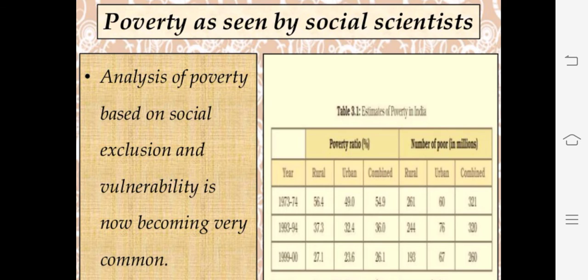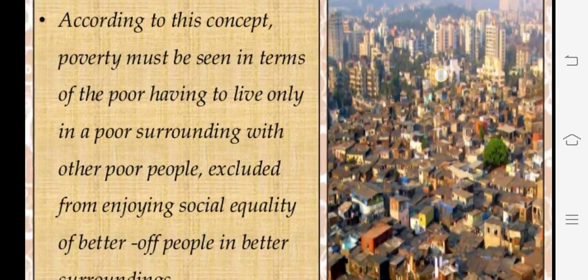In rural areas we had 261 in 1973. In 1993 there was 244, and in 1999 there was 193. Whereas in urban areas we had 60, 76, and 67. So this is the analysis of poverty based on social divisions.